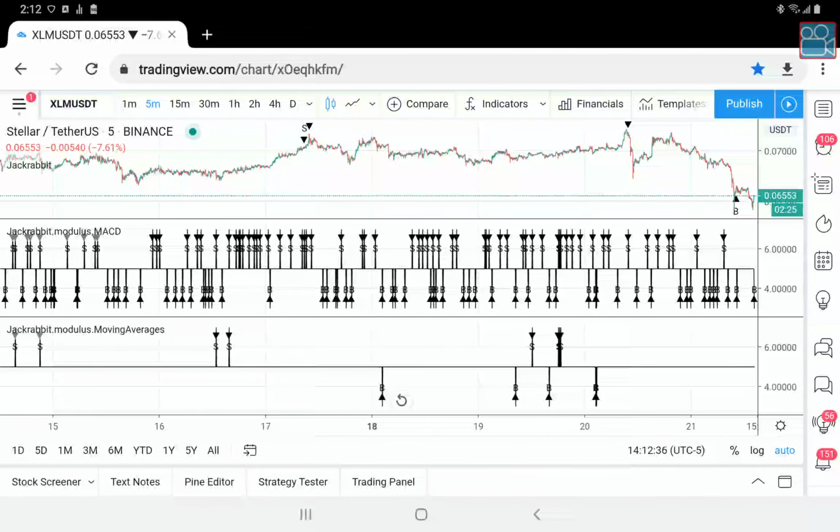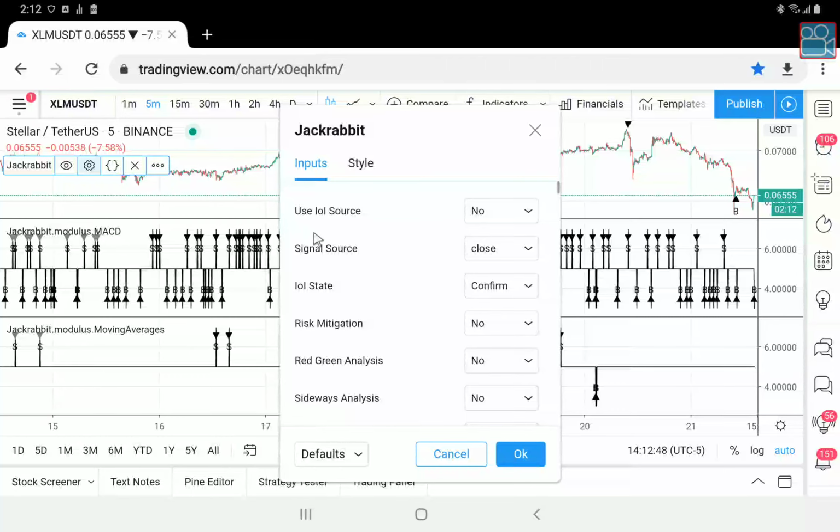And all you have to do is just find the right order. That is the benefit that the modulus framework gives you over the Jackrabbit main indicator itself. You have no choices here. You can't see how the components interact.